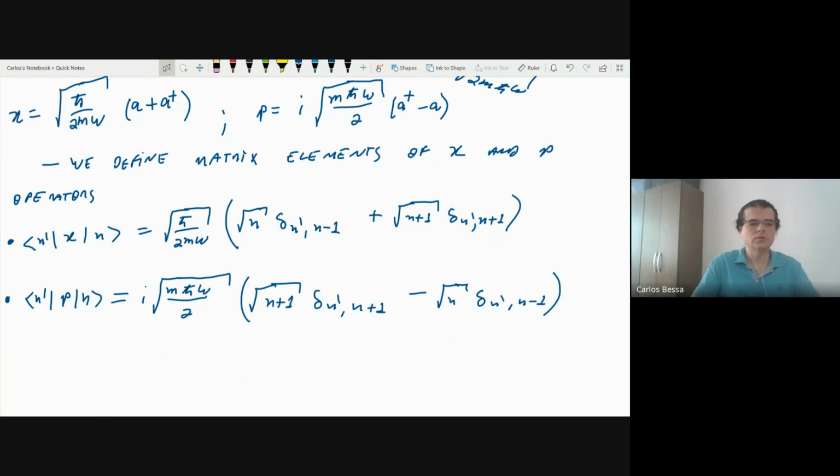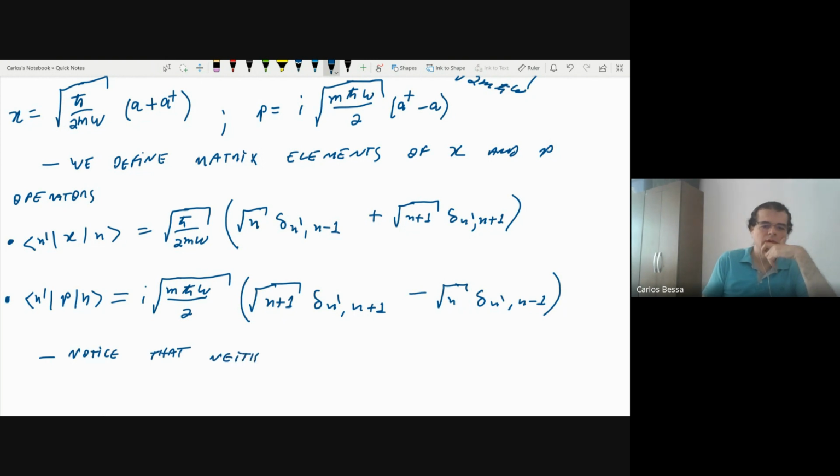Okay, so x and p are diagonal, right? Not diagonal. So notice that, right, not diagonal, because it's the same.